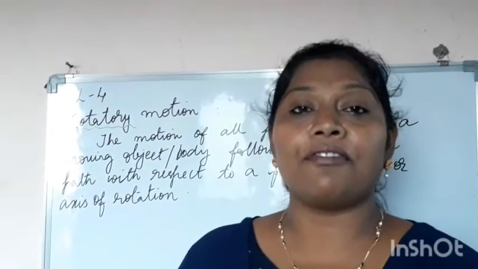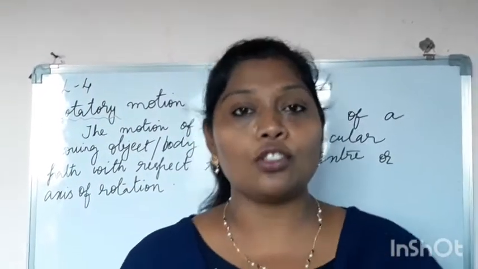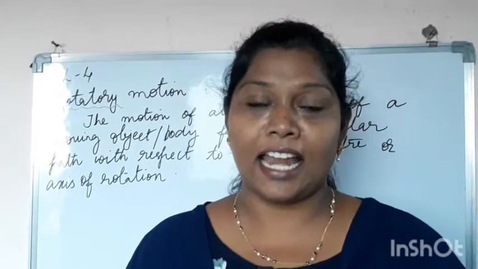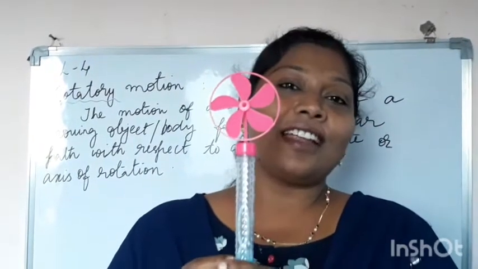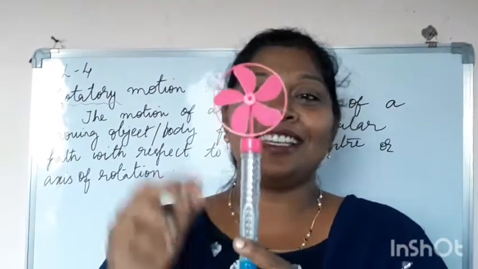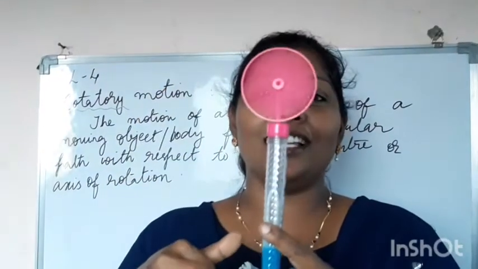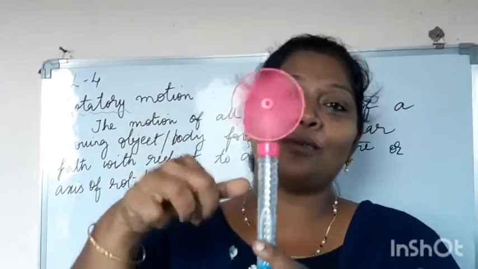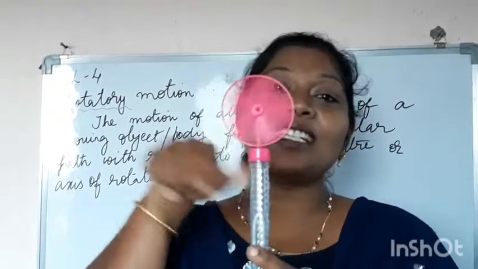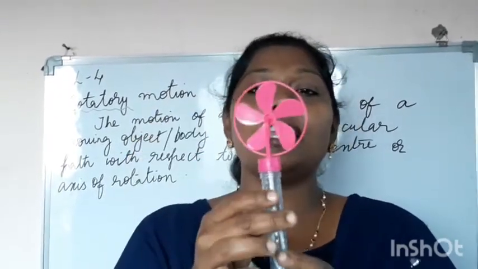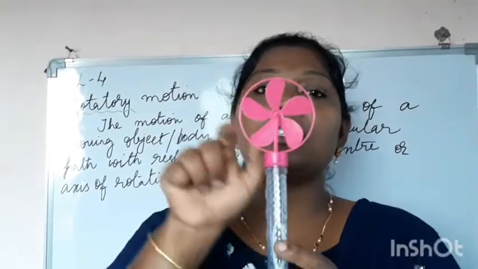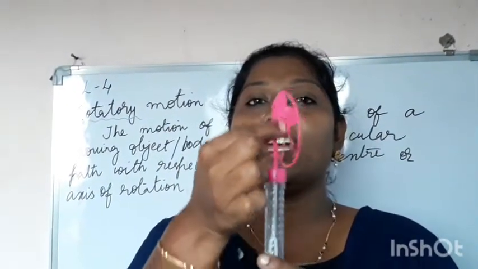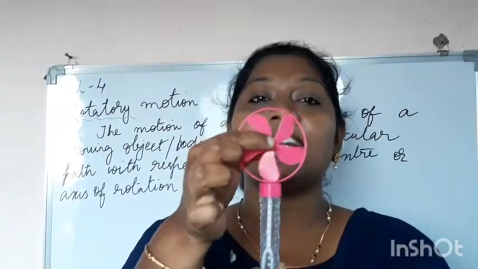Before I start the definition, let me show you something so that you can easily understand. See children, what is this? Yes, this is a wheel, right? See how it is moving. It is moving in a circle. Here if you observe, for this circle to move, it has a fixed point at its center.